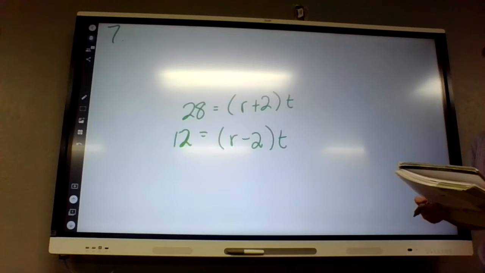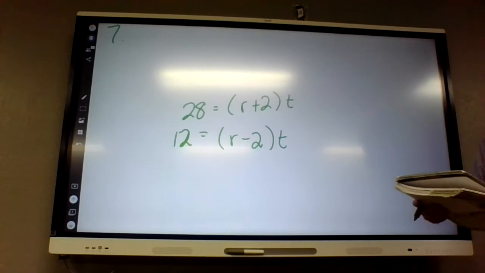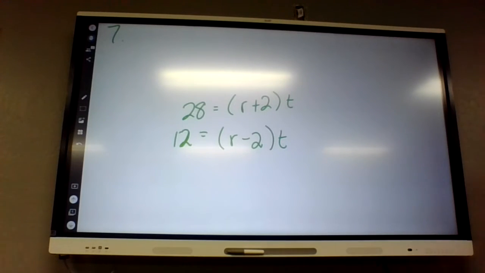It doesn't tell us anything about that. T is the same. So do we not need it to figure out the rate? Let's see, what are they asking? Determine their paddling rate in still water. No, we just need a rate.